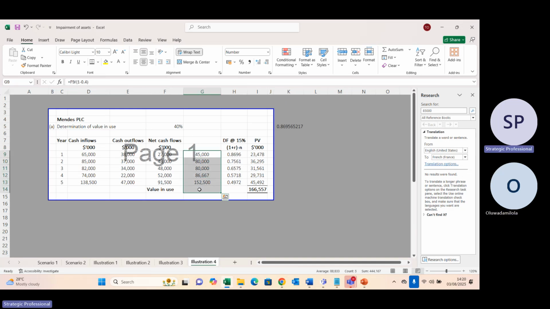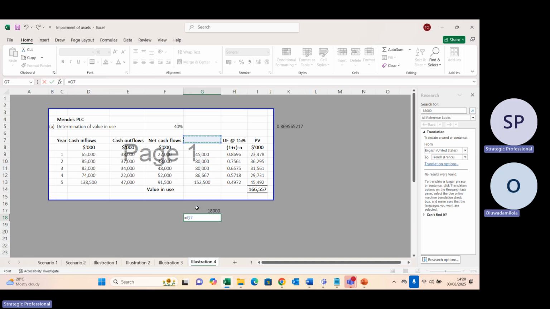Now, to know that I'm correct in the exam, I will just say this amount times 40%. Can you see that it's 18? I will now say 45, which is the pre-tax, minus the tax itself. I will get this amount, see this 27.